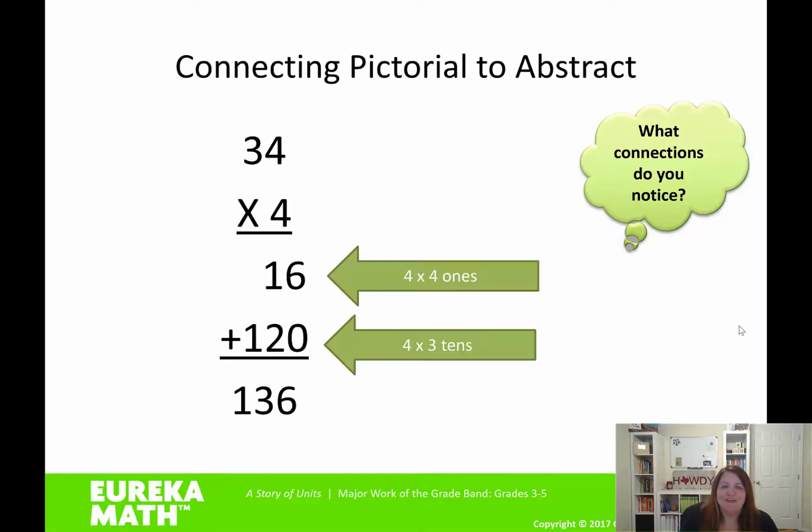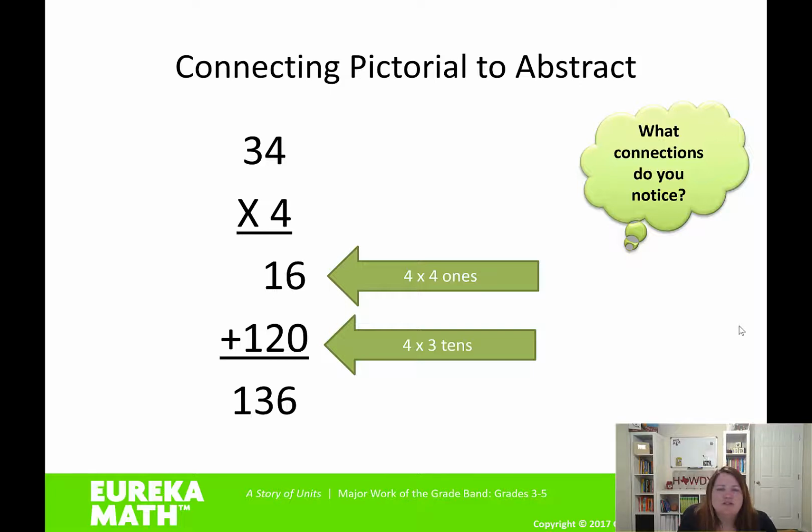Hopefully, you've noticed the connection of how the partial products really helps make sense of the groupings that we saw in the place value chart. I'm also hoping that you notice that students really begin to understand what regrouping actually is. It's not just about a memorization of steps and remembering to carry the elusive 1.